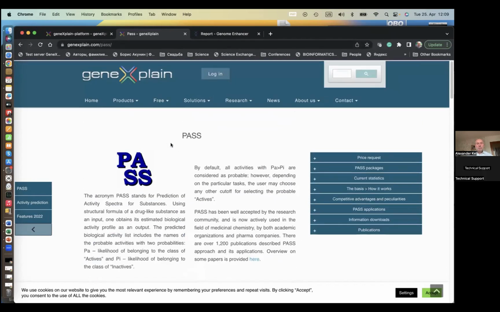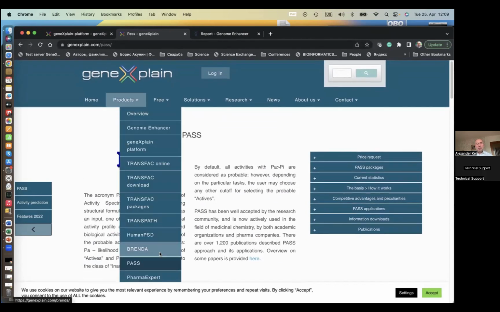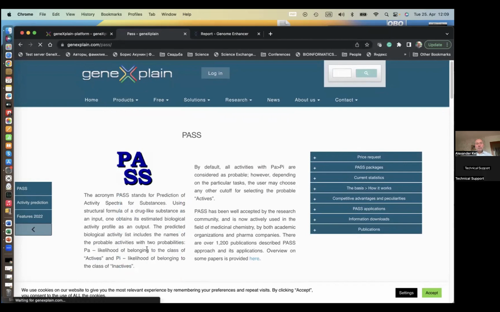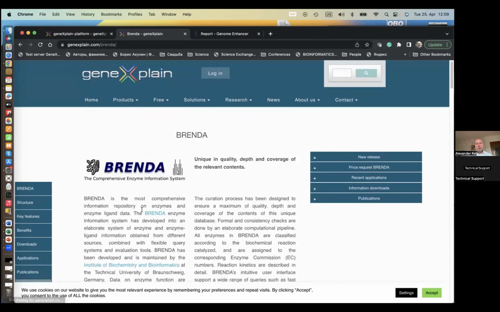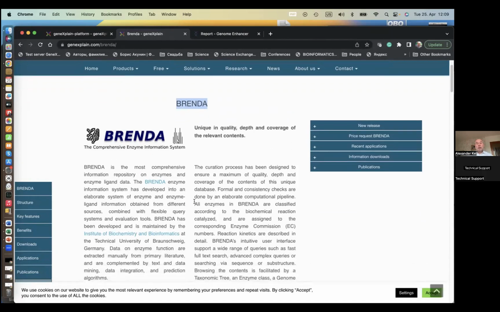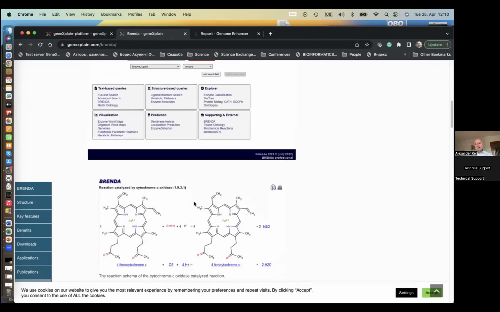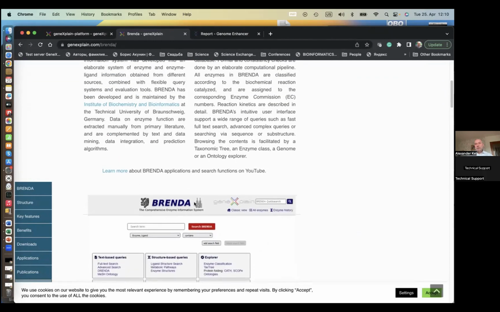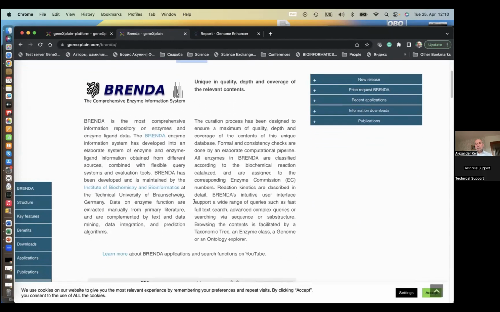So that's one product which might be of interest. Another product which was also not listed in the table is BRENDA. That's a huge database on all enzymes. BRENDA is produced at Braunschweig University, and now it's moving also here locally.